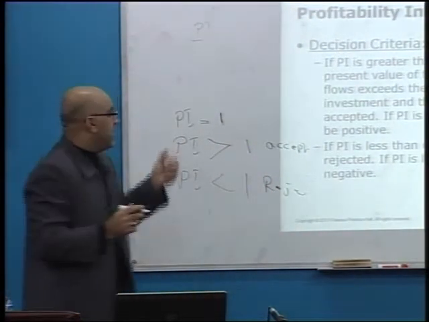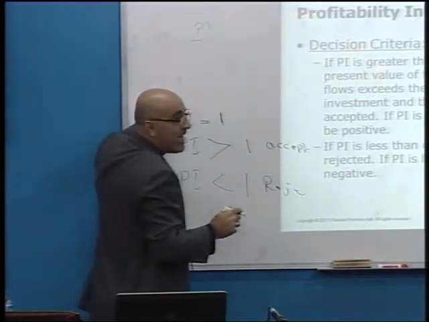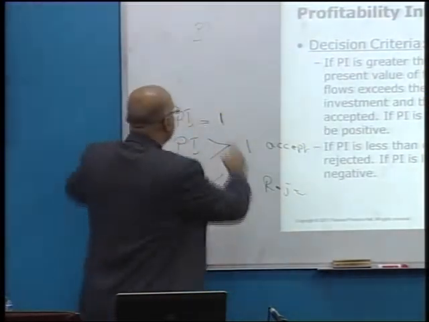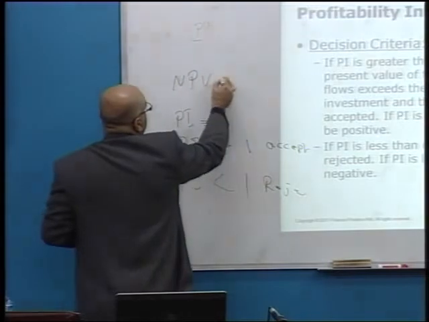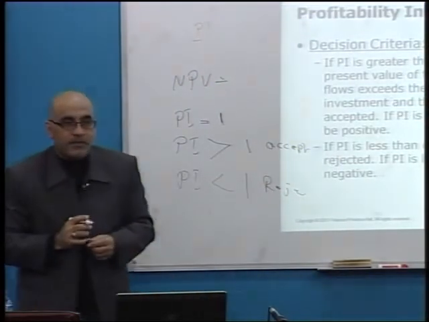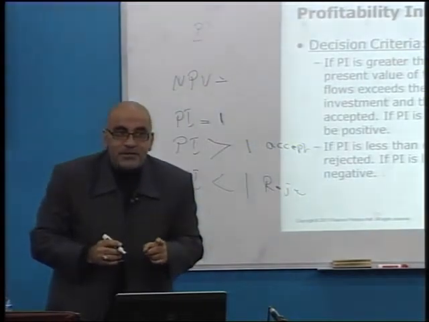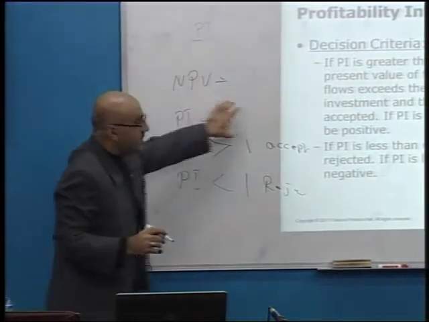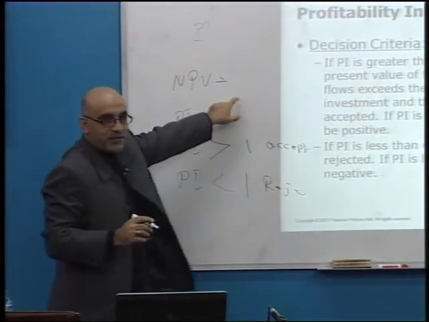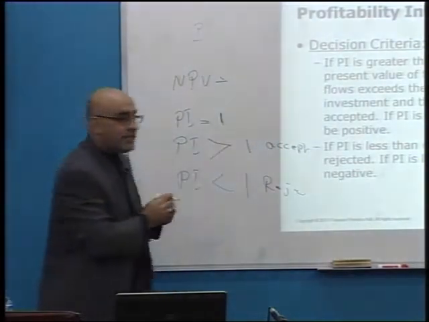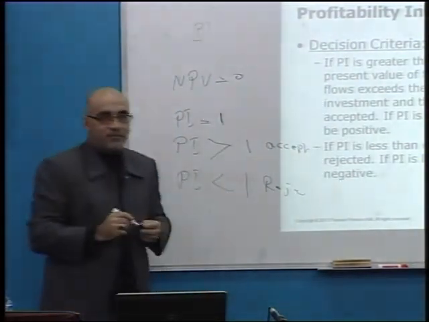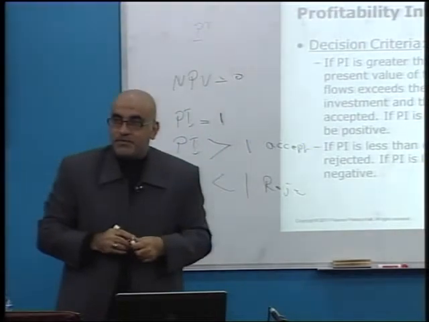When the PI is equal to 1, it means the net present value is equal to 0.